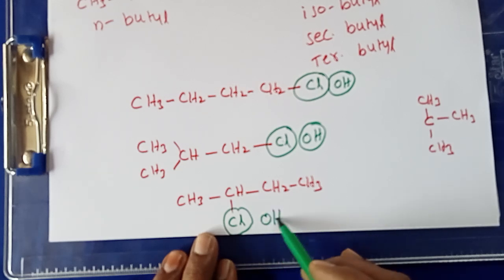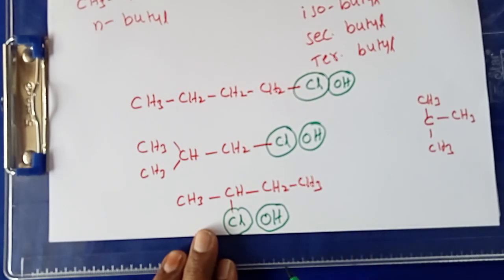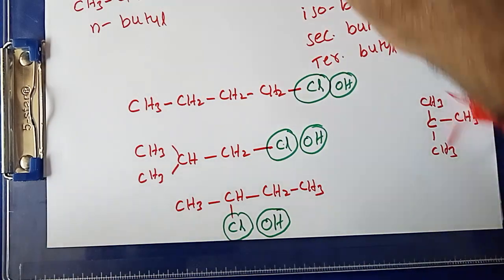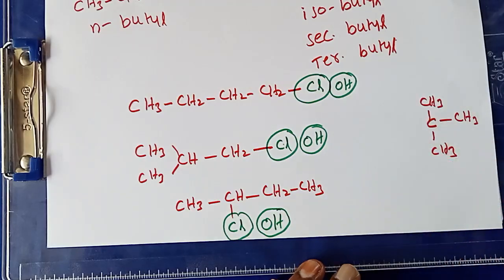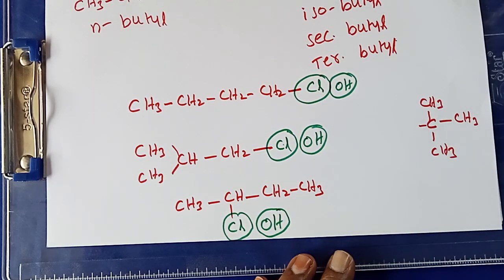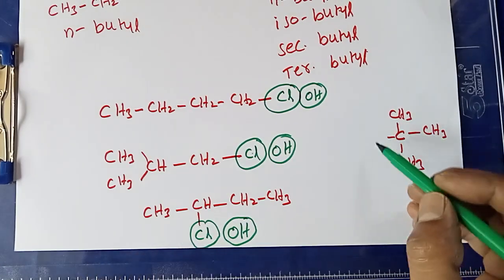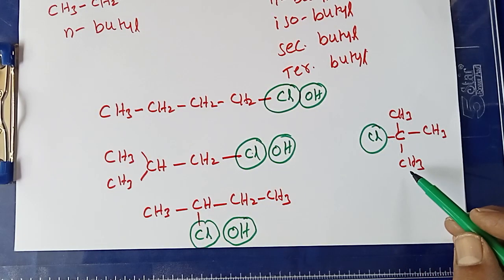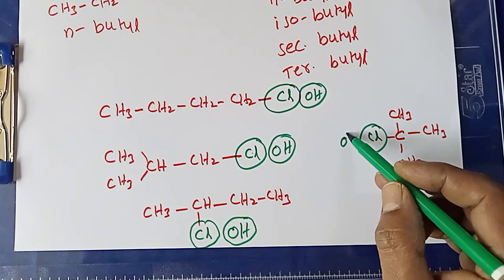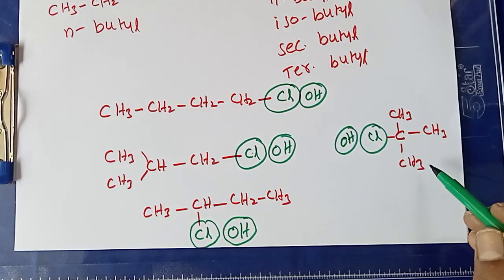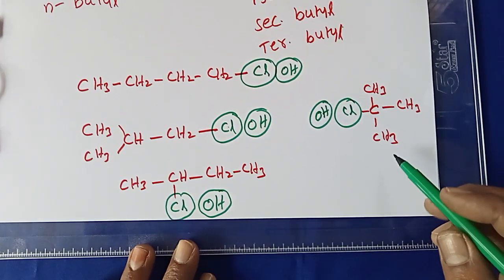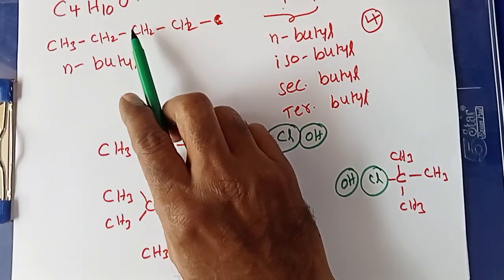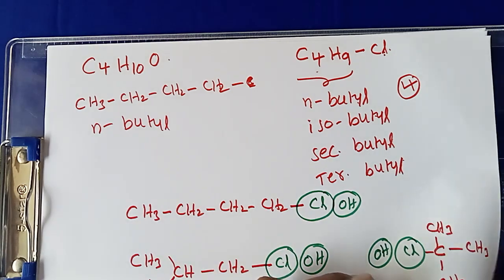If you write the OH here, secondary butyl alcohol. Next, in this one, here chlorine in the bond. Tertiary butyl chloride. If you write the OH group here, tertiary butyl alcohol. So this is the first technique for C4H10O.